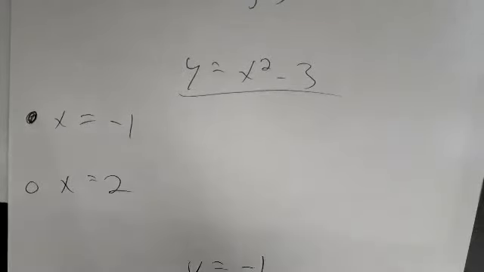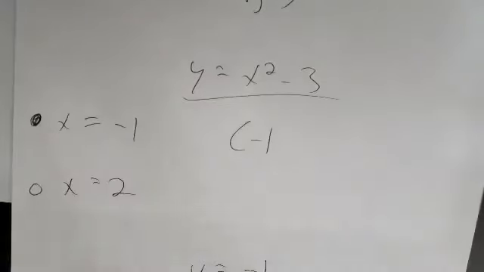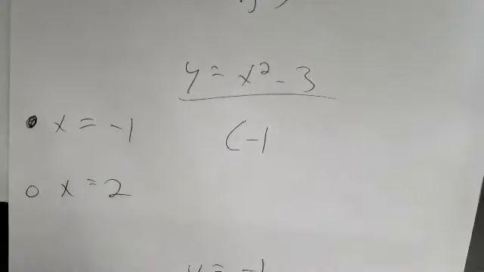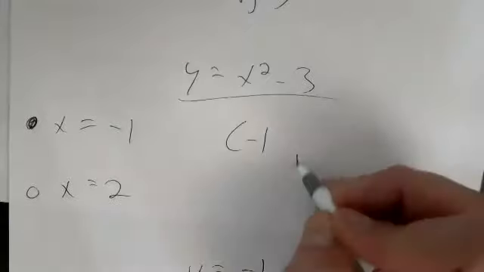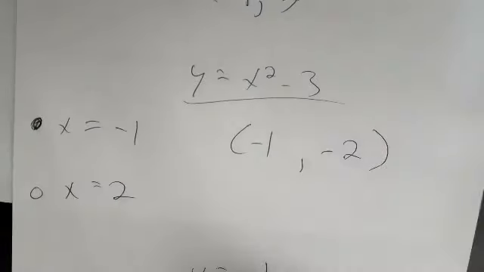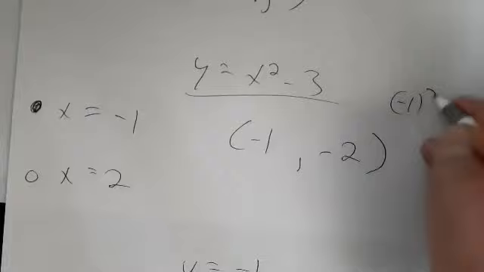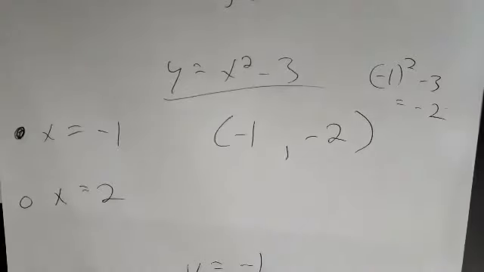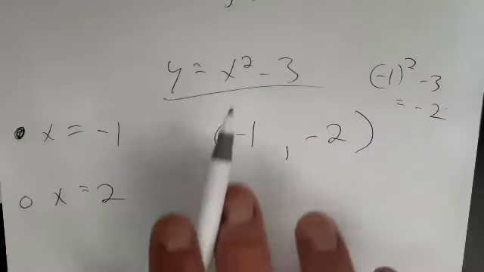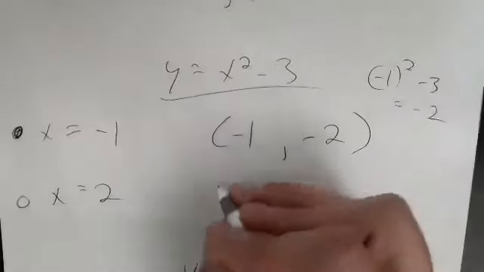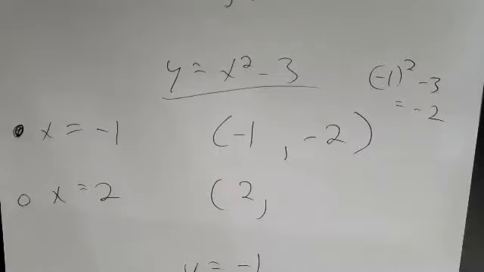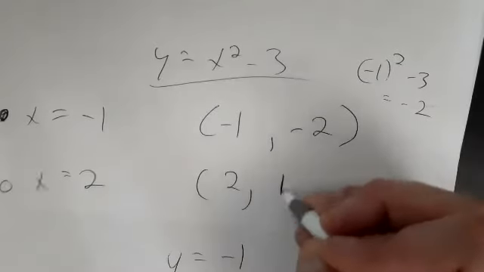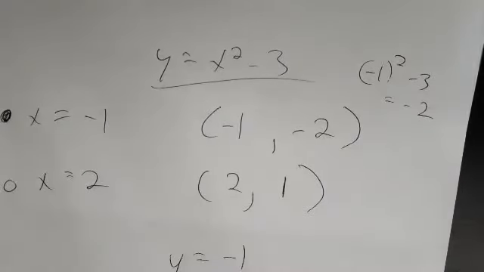If I plug in -1 to my x, I get -1, I square it, that gives 1, minus 3. That should be giving me -2. Same thing with 2. I do 2 squared, gives me 4, subtract 3. It's going to give me 1.